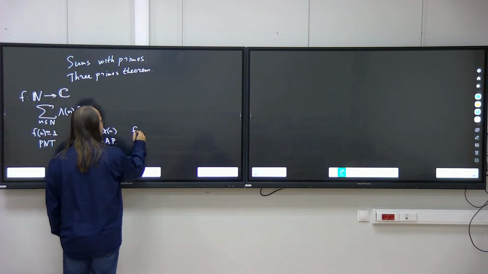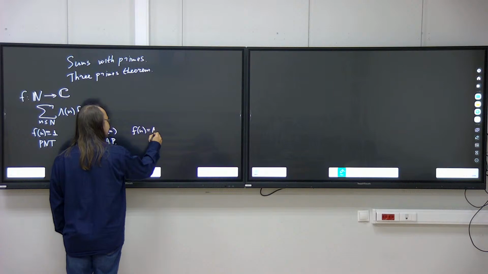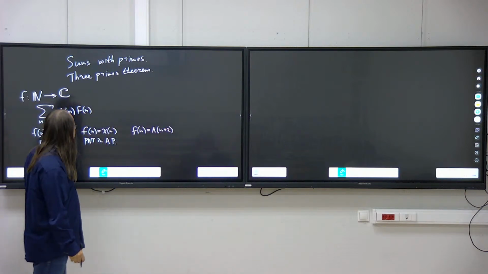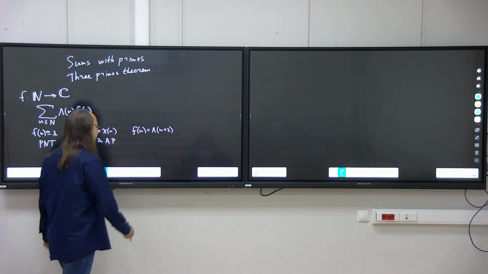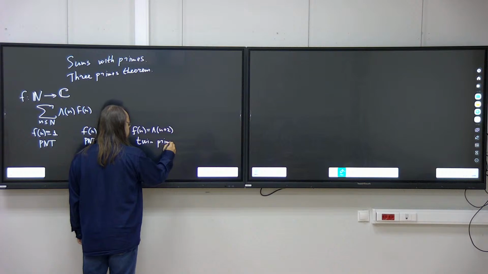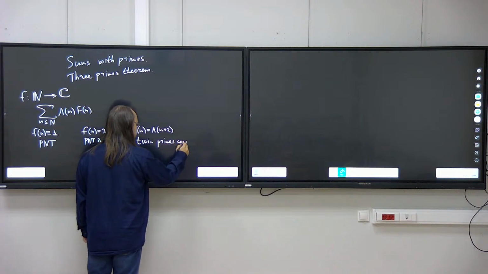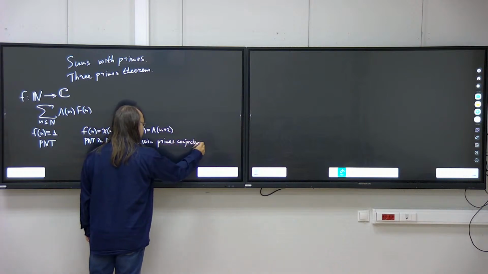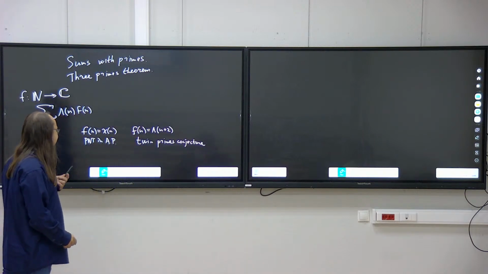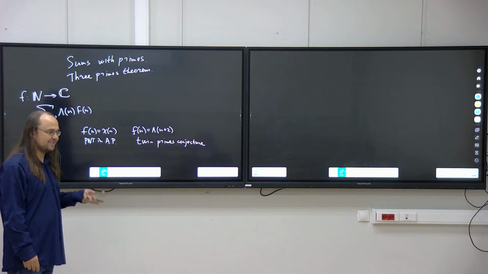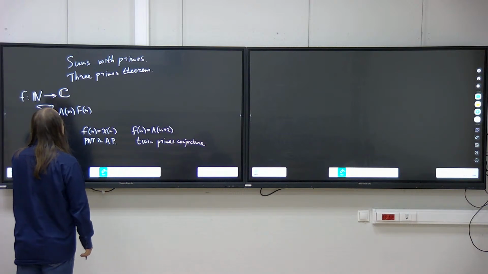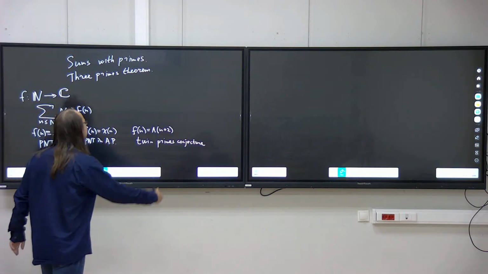And if you take f of n to be lambda of n plus 2, say, then estimation of this sum is basically the twin prime conjecture. Right, so it's basically a question of whether or not there are primes with difference exactly 2. But we are going to take a different case.